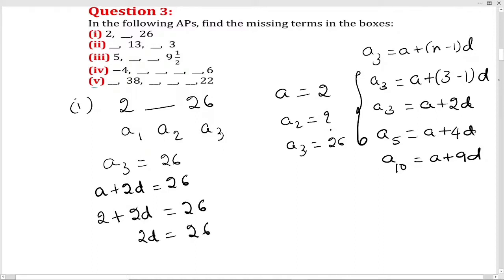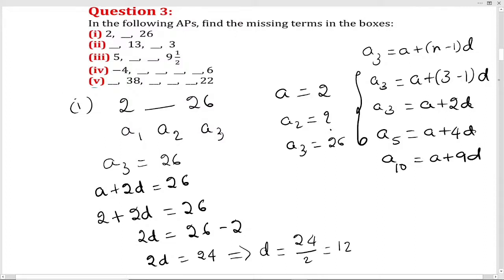Send the 2 to the right hand side, so it will become minus 2. Therefore 2D equals 24. Simplifying, D equals 24 by 2. So the answer is 12. So the common difference is 12.